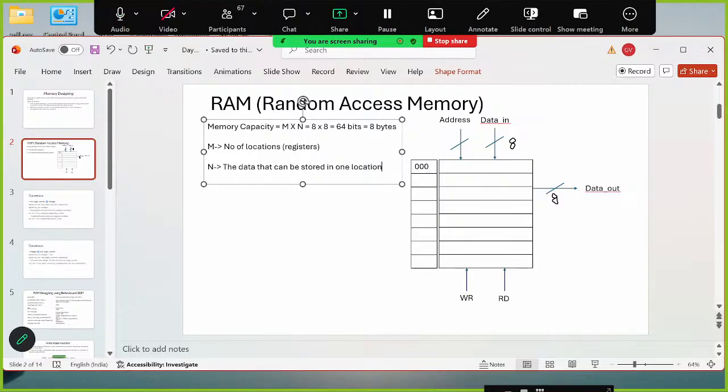So if I want to identify the address lines, how many address lines are required?